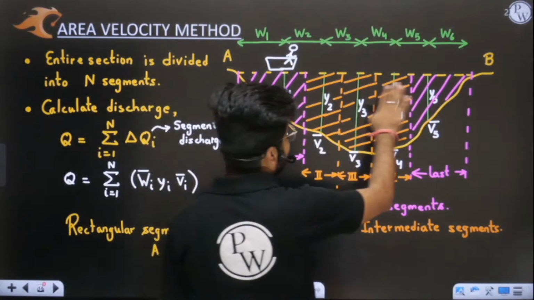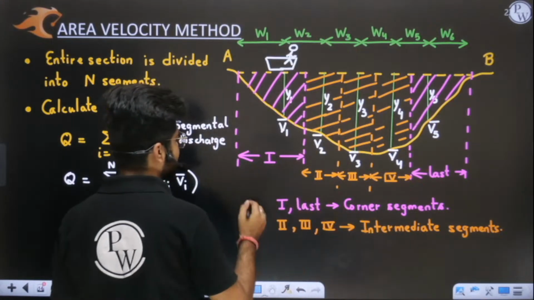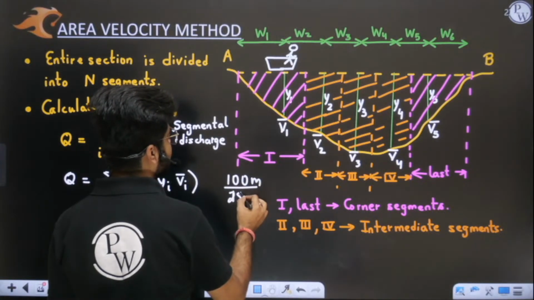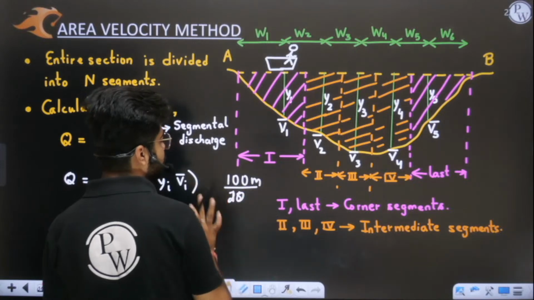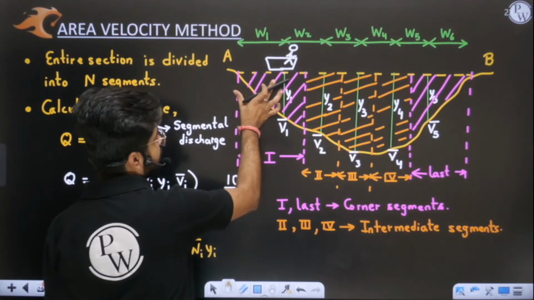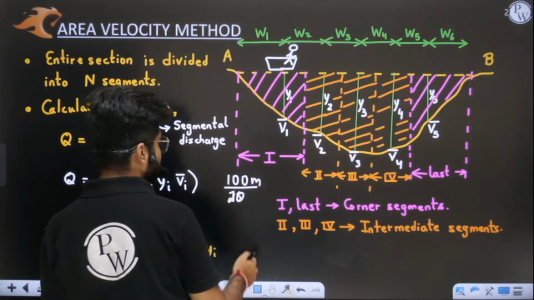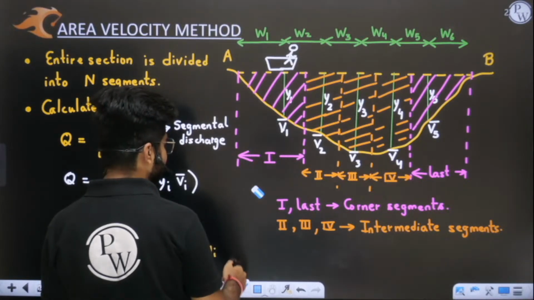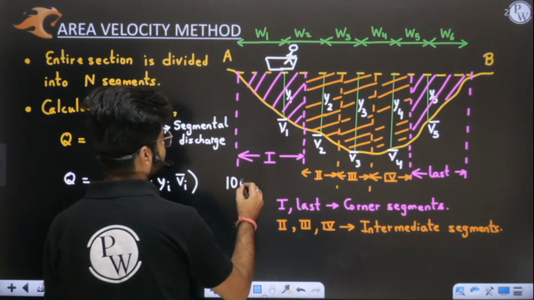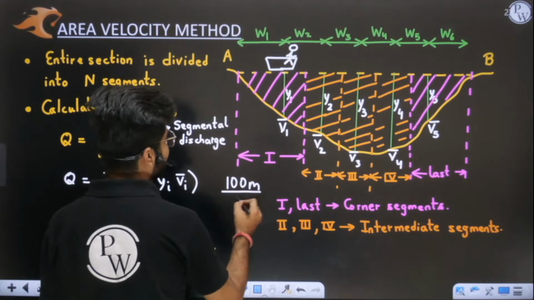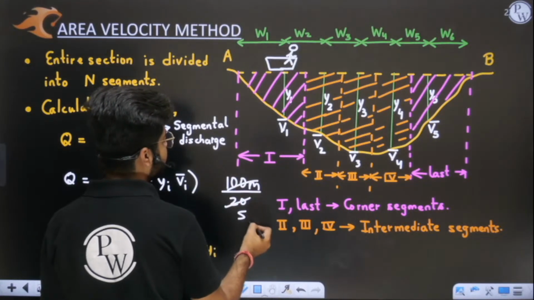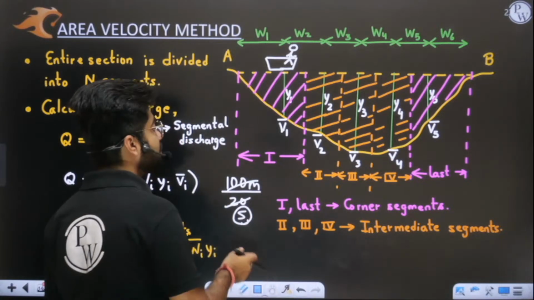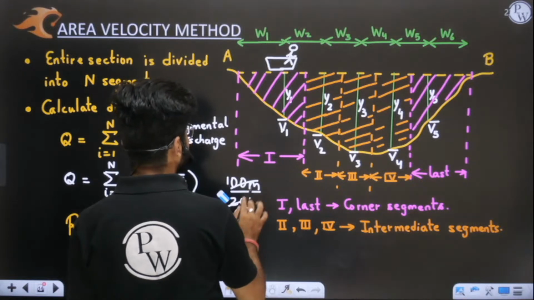If the river is 100 meters wide, I will divide it by 20, that is 5. So all the segments which I am taking should not have width more than 5.